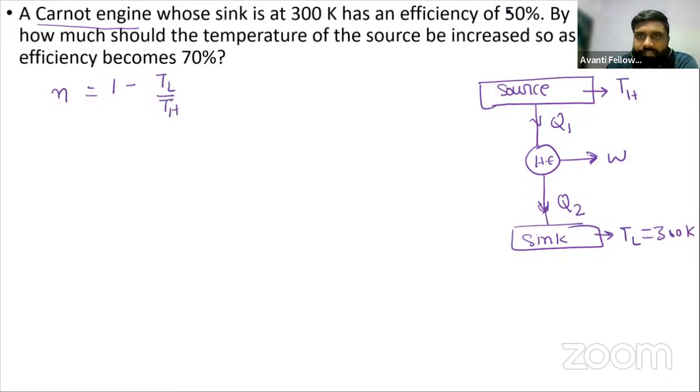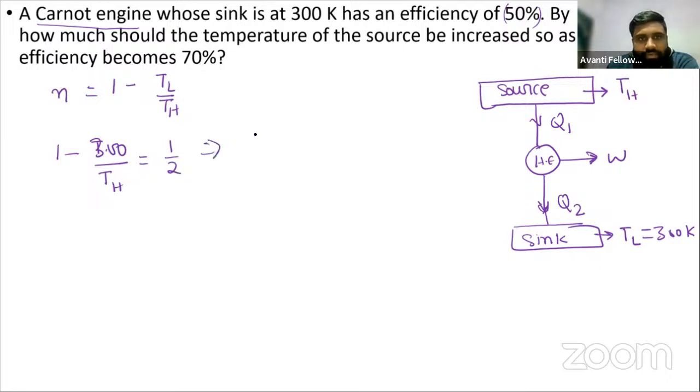Now eta is 50%. It is given in terms of percent, so you need to convert it into the actual value. 50% will become 1 by 2. So 1 minus T lower, which is 300, divided by T higher, is equal to 1 by 2.